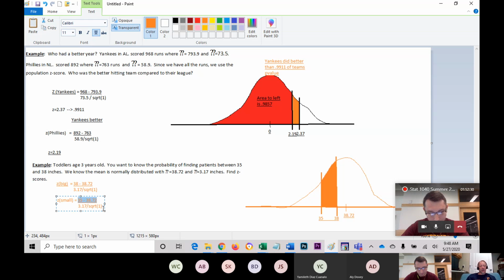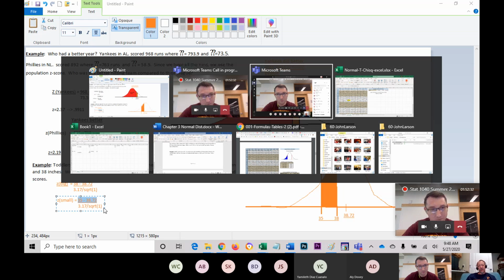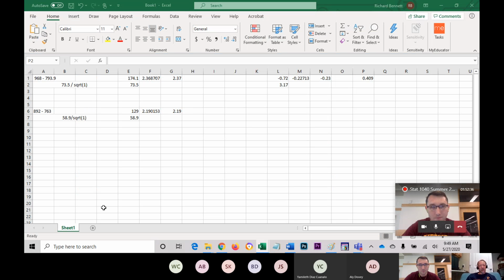Okay. So 35 minus 38.72. Lost my calculator here. Equals negative 3.72 over 3.17. So we'll take the numerator divided by the denominator. That gives us a value of negative 1.17.